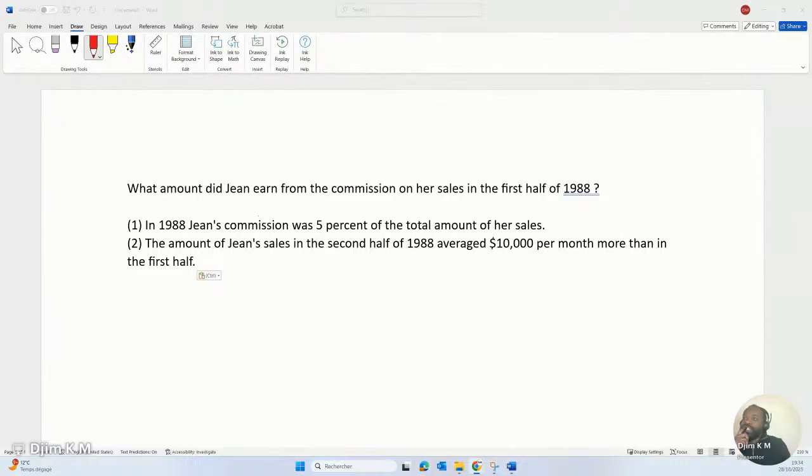What amount did Jean earn from the commission on her sales in the first half of 1988? So in 1988, Jean's commission was 5% of the total amount of her sales.